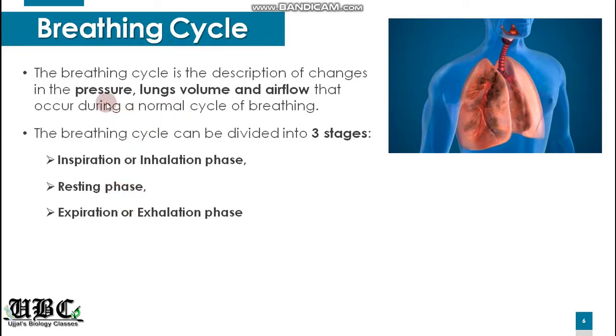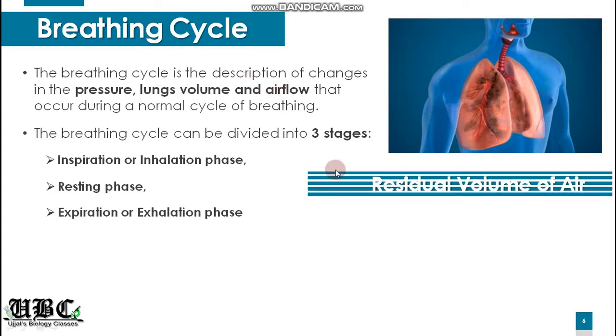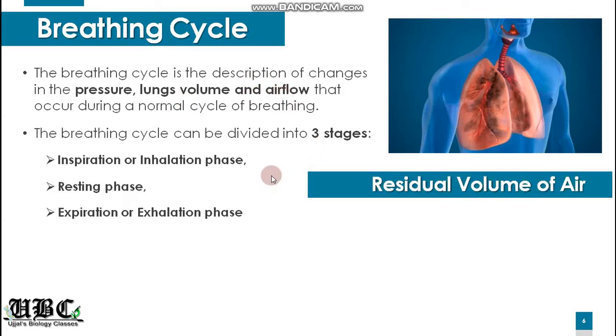In each phase, there is a change in pressure, a change in the volume of the lungs, and a change in the direction of the gases which are moving, sometimes from outside to inside the body, and sometimes from inside the body to outside. Let us have a look.